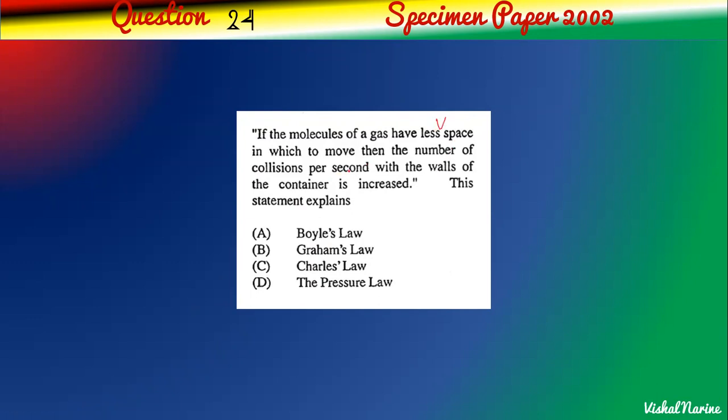Number of collisions per second, that is talking about pressure. So basically it's asking you, temperature is constant, so which one of the laws? It is Boyle's law. You can read through that statement again, and that is what Boyle's law is saying.